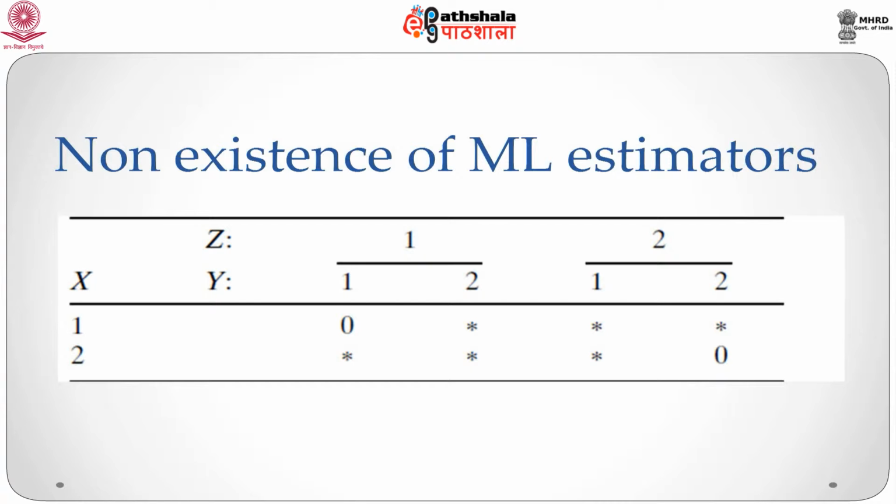Models having all pairs of variables associated are more complex. For example, for model xy, xz, yz, ML estimates exist when only one ni is equal to 0, but may not exist when at least 2 cells are empty.